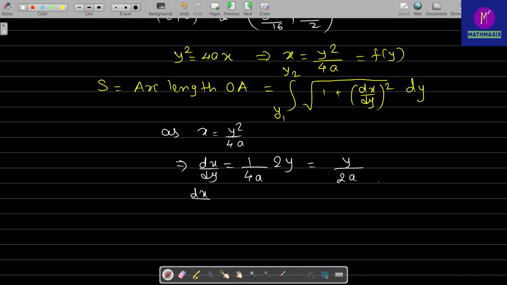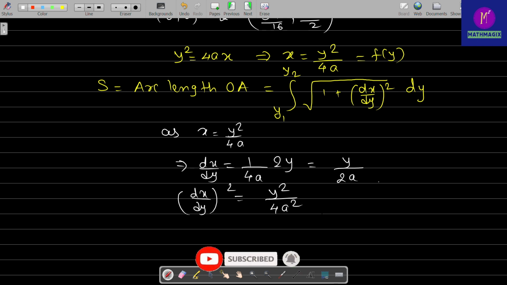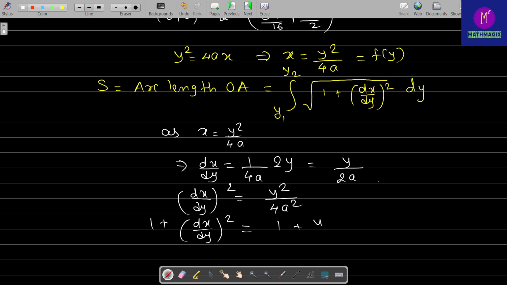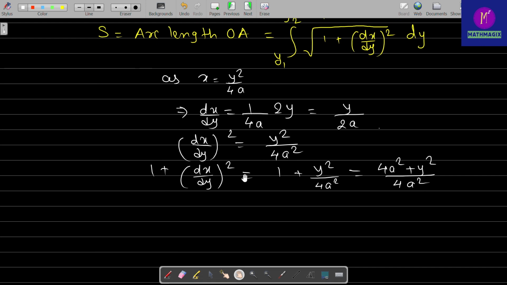So (dx by dy) the whole square is nothing but y square upon 4a square, the square of y by 2a. And then 1 plus (dx by dy) the whole square is the same as 1 plus y square by 4a square, which we can write as (4a square plus y square) divided by 4a square. Let us find the square root of this, and then we will substitute everything in the formula.